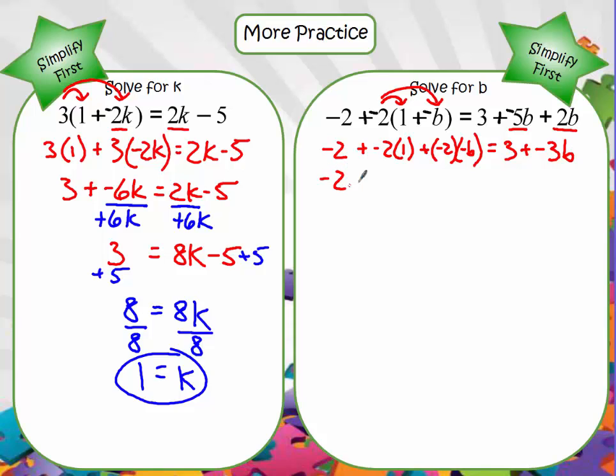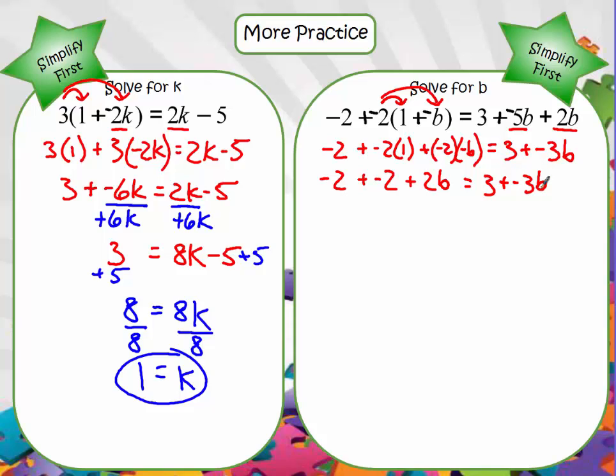So that says negative 2 plus a negative 2 times 1 is negative 2 plus negative 2 times negative b. Anytime you have a negative times negative, that's a positive. So that's positive 2b equals 3 plus a negative 3b. Nothing's changed on the right side.